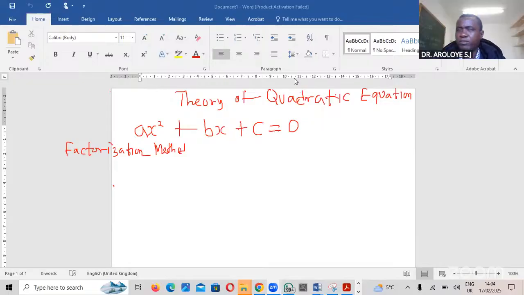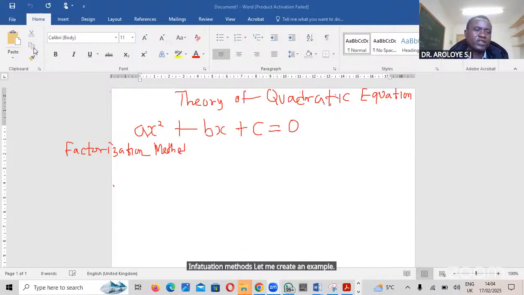So in factorization methods, let me create an example. Example 1.